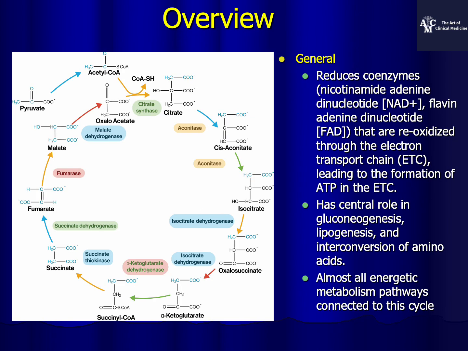So this is an overview of the TCA. It requires multiple coenzymes along the way, usually NAD+ and FAD, that are reoxidized through the electron transport chain. This will be covered in a separate session to form ATP. Gluconeogenesis, lipogenesis, and also converting amino acids are all connected to this cycle. So let's now look at some of these steps.